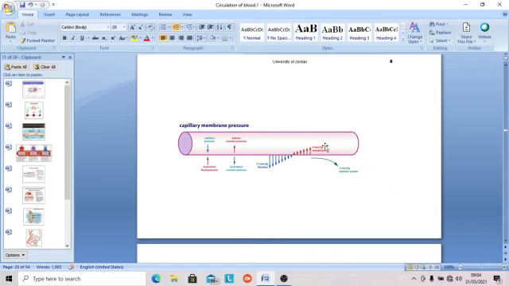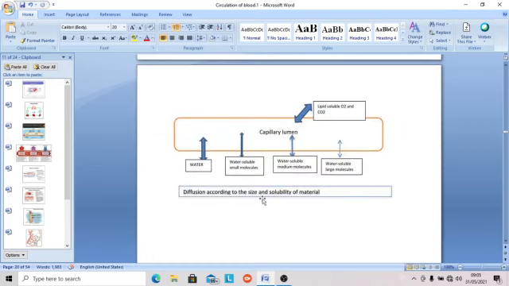Then toward the venous side of the capillary, the pressure inward becomes more, and ultimately there is a 9 millimeter reabsorption pressure, that is, pressure from outside toward inside. So from the middle onwards, the fluid enters in, CO2 enters in, other waste products can enter in, while the nutrients and oxygen go out at the arterial end.